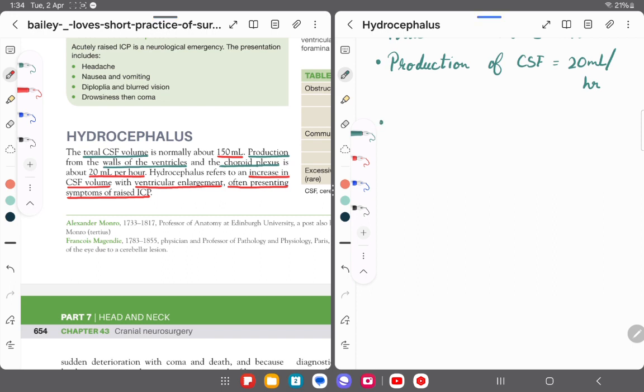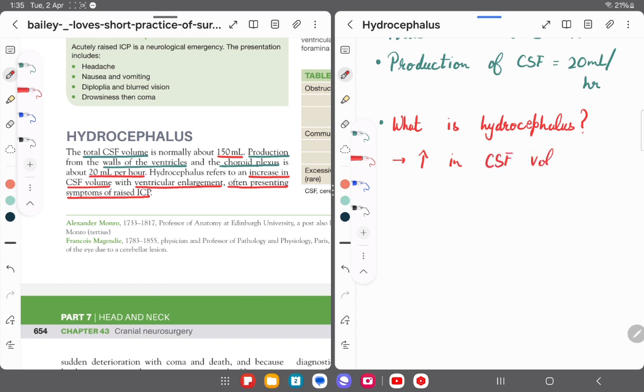So what is hydrocephalus? Basically its definition is that it is an increase in CSF volume.